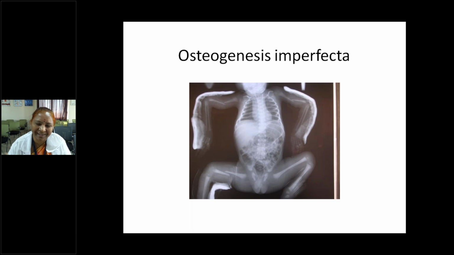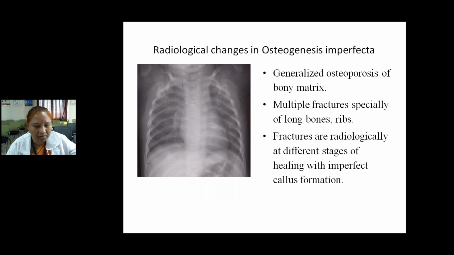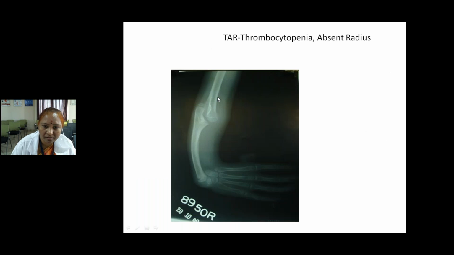Without any external injuries, with minimal trivial trauma, if the baby presents with fractures, we have to think of very fragile bones, osteogenesis imperfecta. These are the changes we can observe: generalized osteoporosis of the bony matrix, multiple fractures especially of long bones and ribs, at different stages of healing with imperfect callus formation, suggestive of osteogenesis imperfecta.